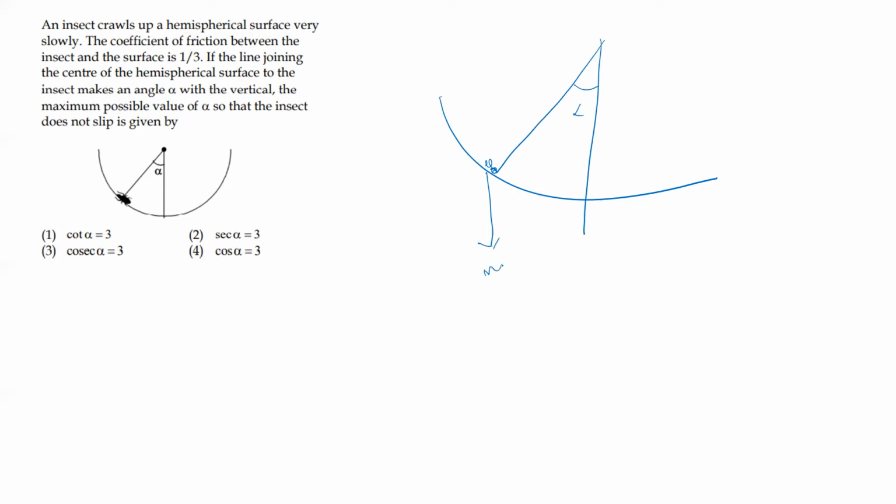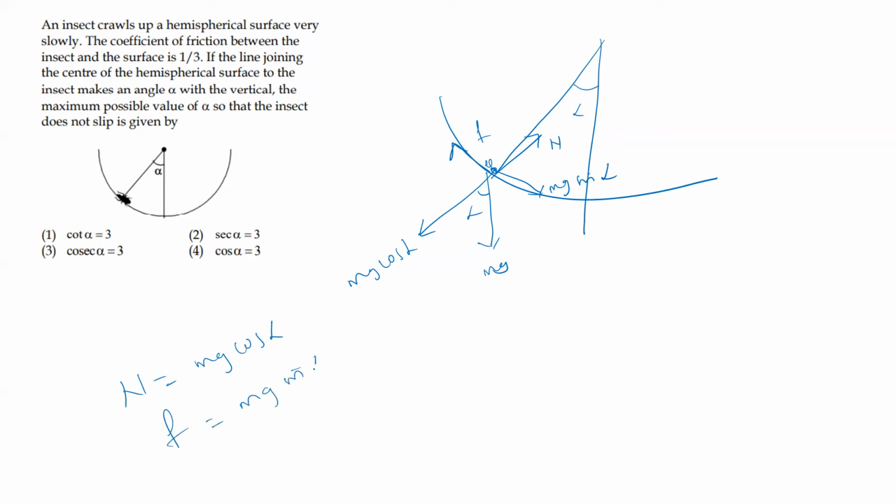This is the weight. This is mg cos alpha, because this alpha is the same, and it is pushing the legs downwards. Friction acts up. This is balanced by mg sine alpha. The reaction force acts like this, the normal reaction. So the normal reaction is balanced with mg cos alpha. The friction force is balanced with mg sine alpha.